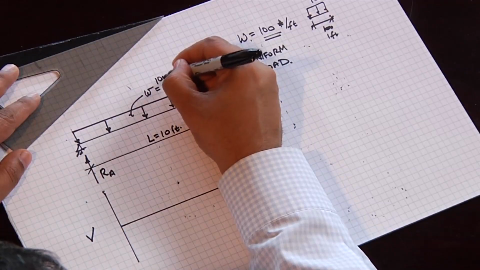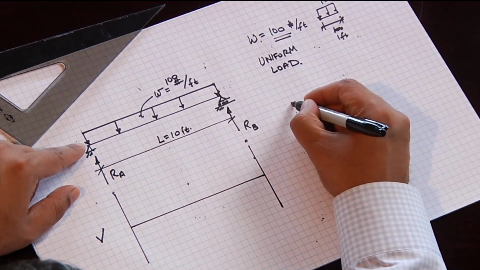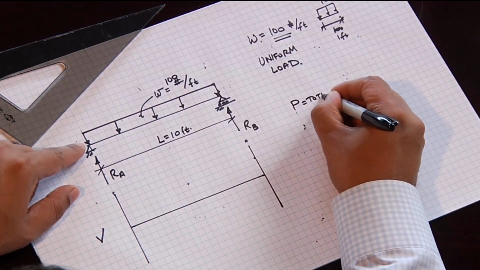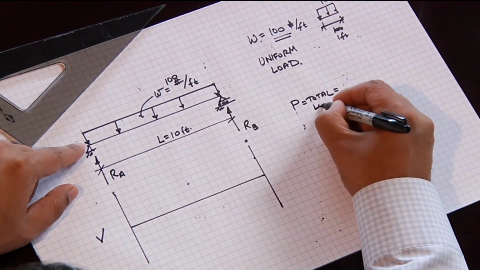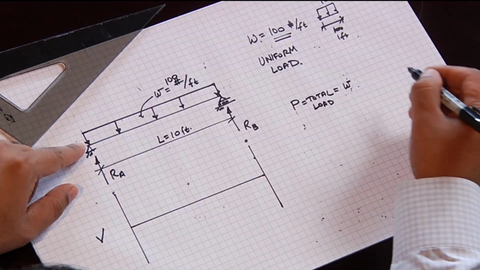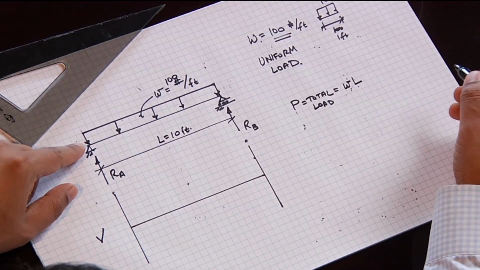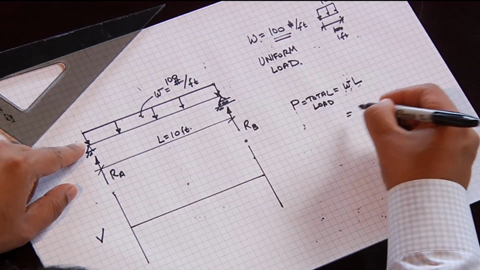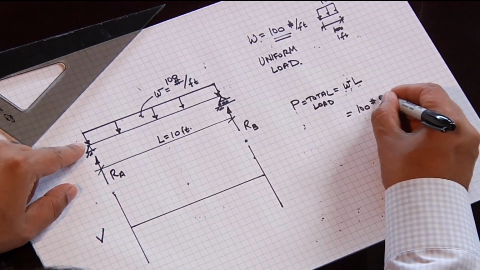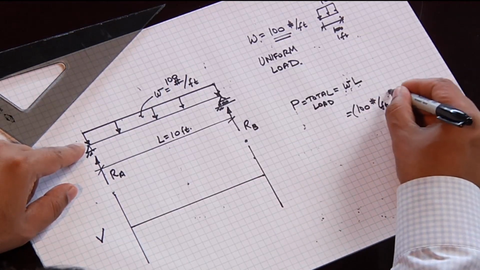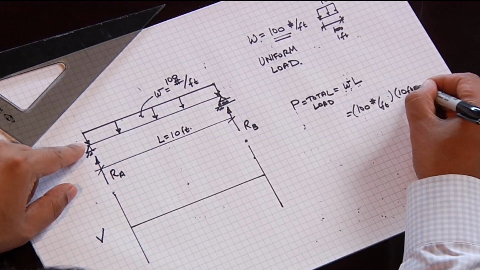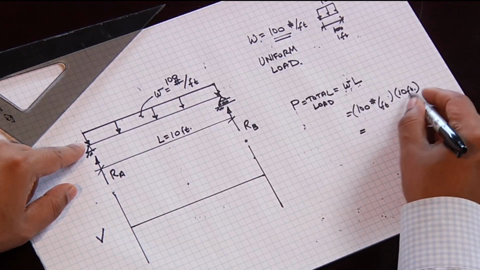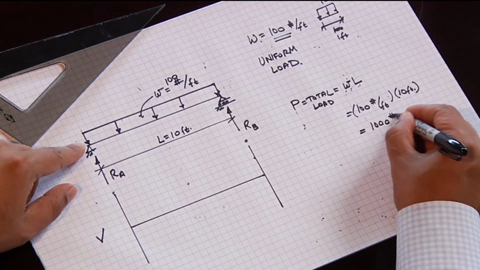We'll make W 100 pounds per foot. The total load, I'll call it P, is equal to the uniform load times the length, W times L. And W is 100 pounds per foot times 10 feet. So we have 100 times 10, so the total load is 1,000 pounds.